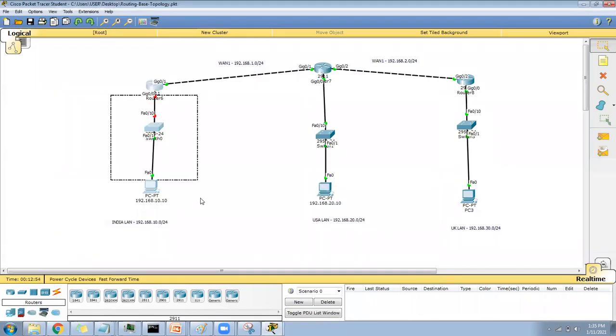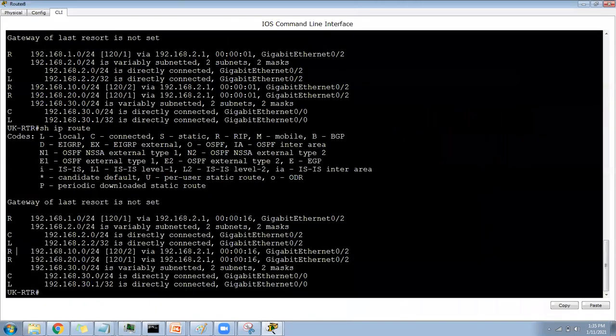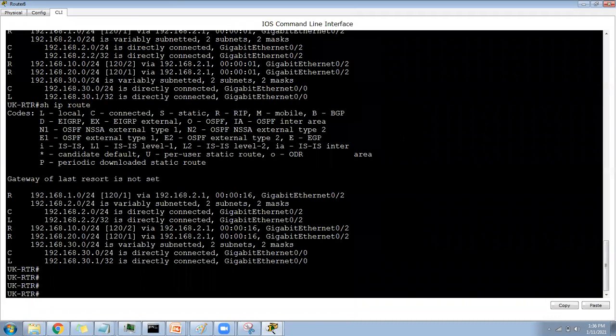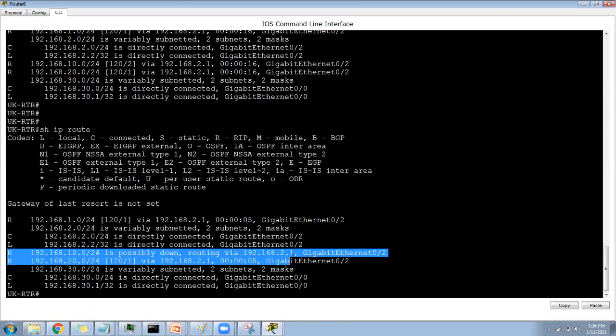We shut down the India LAN. So this is a technology, right? If it is shut down, then we should get the update, right? Can you see 192.168.10.0? It is still not down. It is still showing in the routing table.